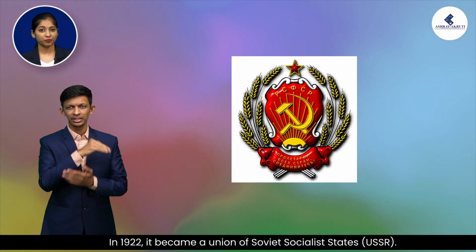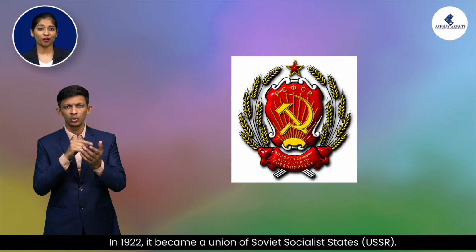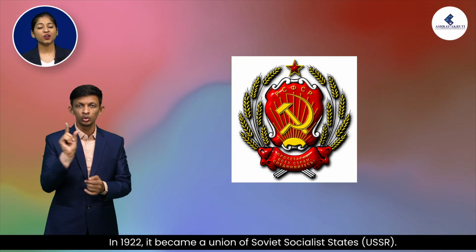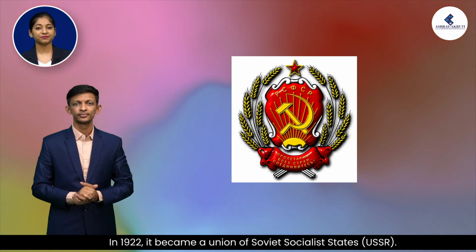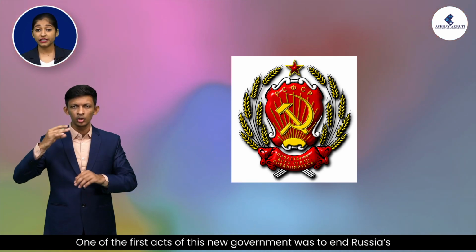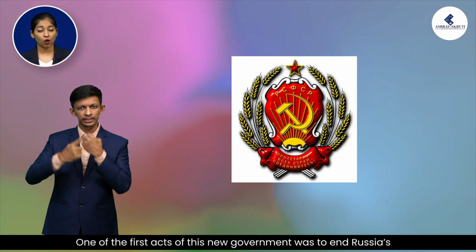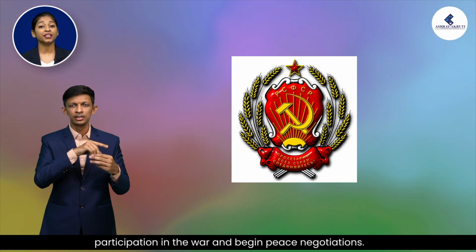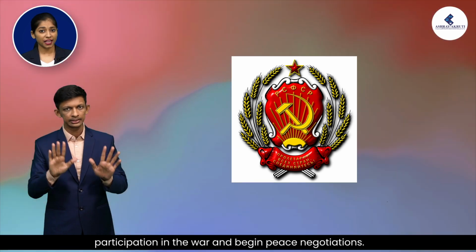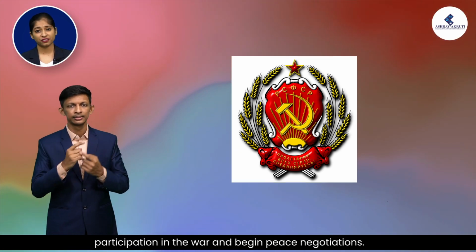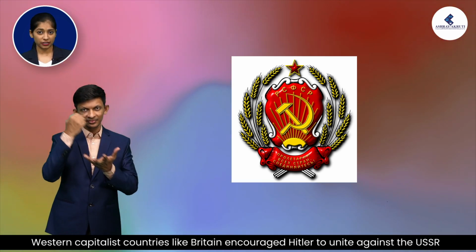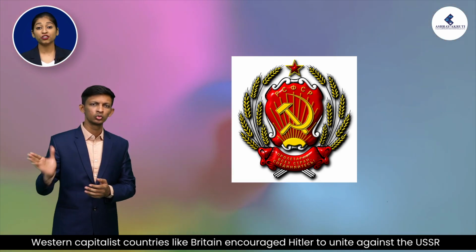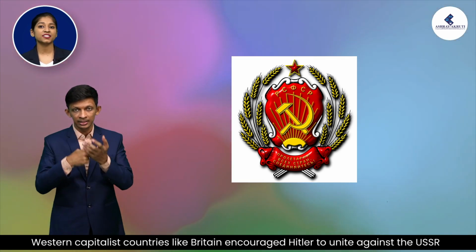In 1922, it became a union of Soviet Socialist States, USSR. One of the first acts of this new government was to end Russia's participation in the war and begin peace negotiations. Western capitalist countries like Britain encouraged Hitler to unite against the USSR.